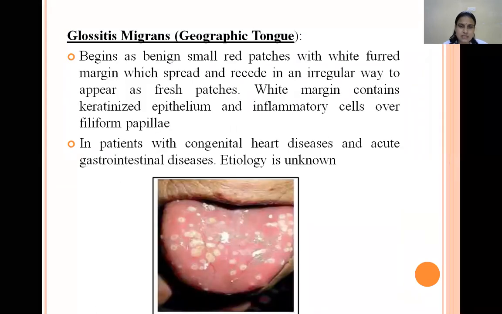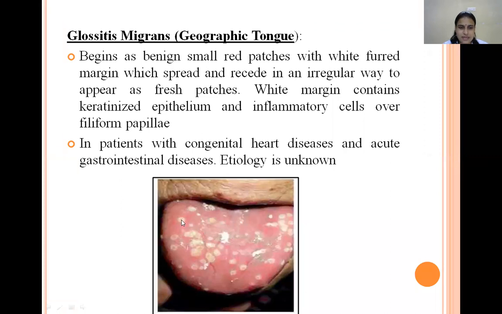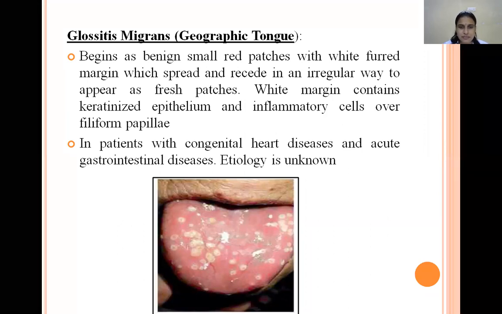The second one is geographic tongue, also called glossitis migrans. It begins as small benign red patches with a white furred margin. Here there is remission and regression. It spreads and recedes haphazardly, so we have fresh patches and old healing patches also.